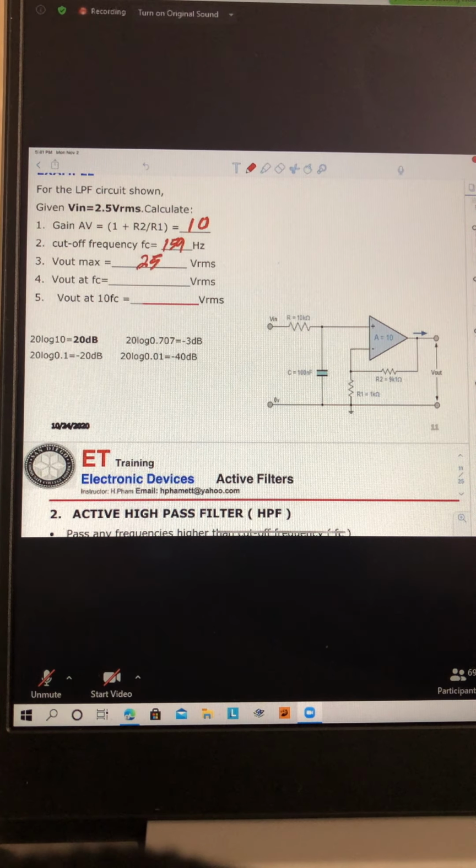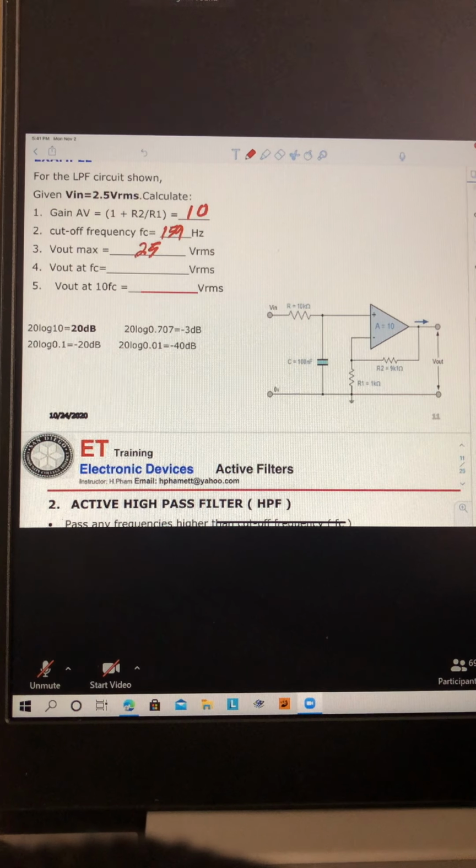Mr. Pham, can you stop me? Got a question: what's the value of R2? R2, 9K, right? 9K, or is it 9 ohm? 9K, maybe that's a typo. Okay, all right, thank you.